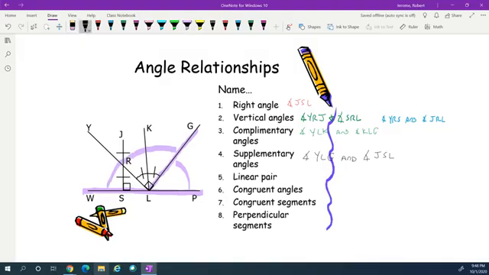The first one, angle PLG, and its partner, angle GLW.